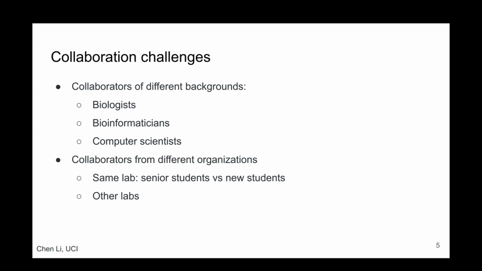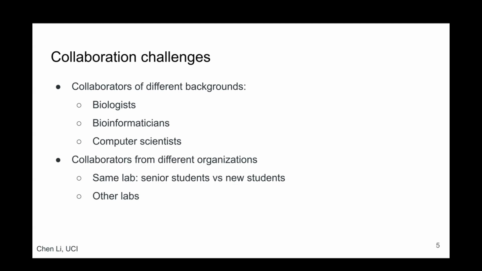We are good at building systems. We are good at developing the latest AI ML techniques, but our knowledge about biology, again, is limited. So how can we allow people with different backgrounds to work together in a very efficient way? That's one of the challenges.